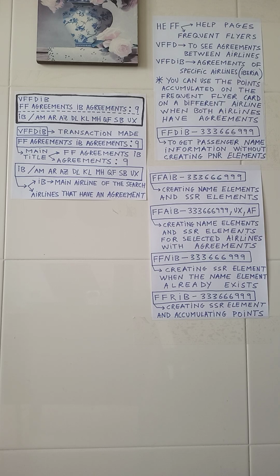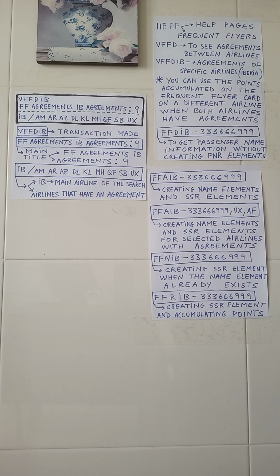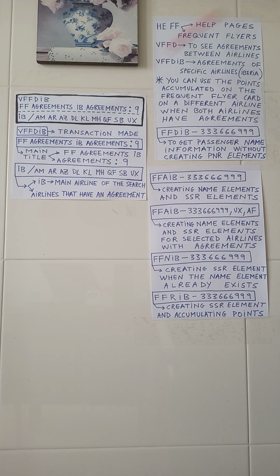Before the bar, we see IB to indicate that the main airline in the search is Iberia. After the bar, we can see this part. We see 9 two-letter codes that could represent the 9 airlines that have agreements with Iberia.